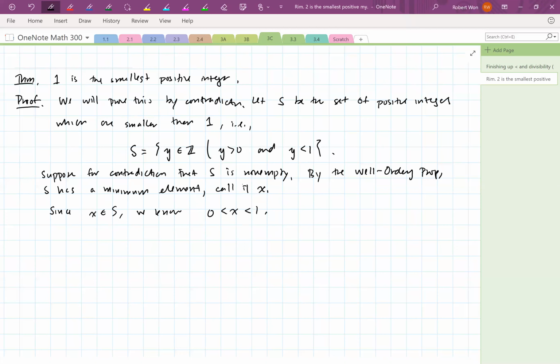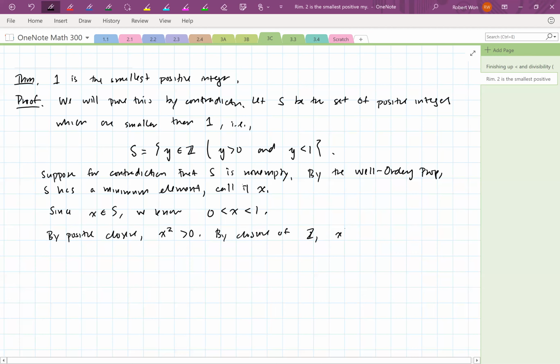But by positive closure, X squared is positive because it's X times X. It's also an integer by closure of the integers. So if X is a positive integer, its square is also a positive integer.